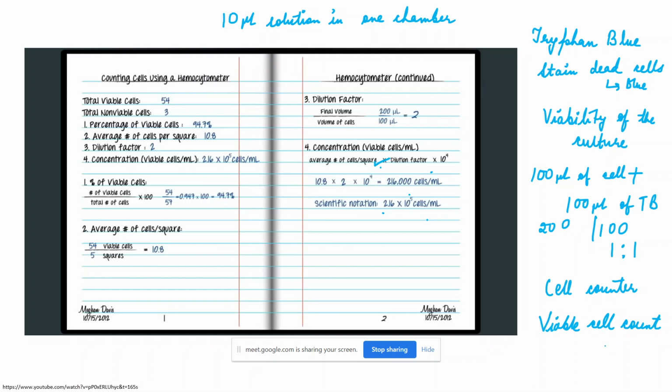It is a very important topic, and you should know how to determine it, because without that you will not be able to determine the specific concentration of cells that you are going to seed, or the concentration of the cell culture that you are beginning with. That is why it's important. So I hope this demo was clear.